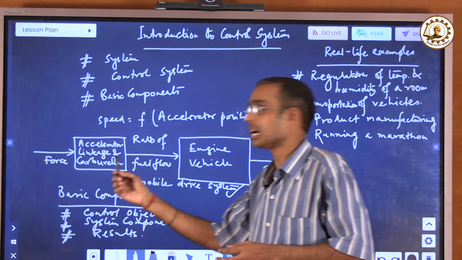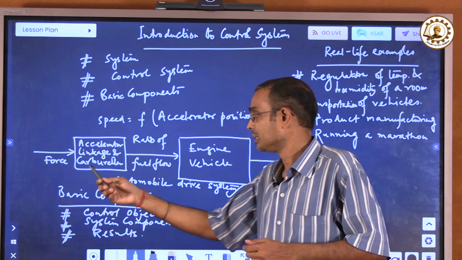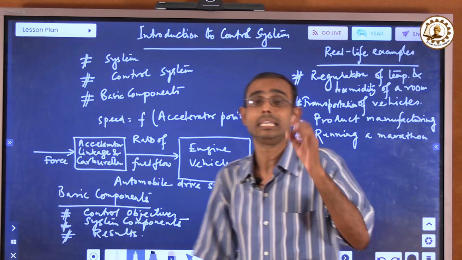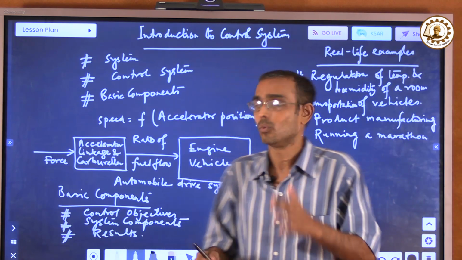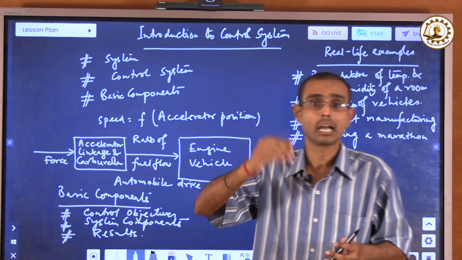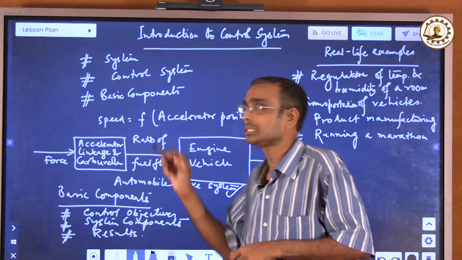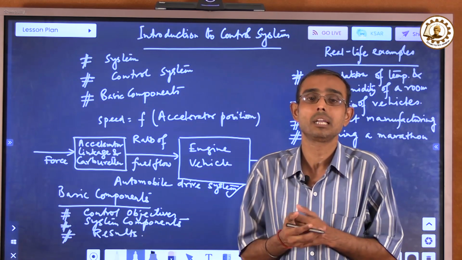It flows from the carburetor side into the vehicle, not in the reverse direction. This rate of fuel flow is termed here as a signal. I will explain in the next classes, when I go into the mathematical modeling of a system, how all these terms will be represented as a mathematical function or mathematical parameter.